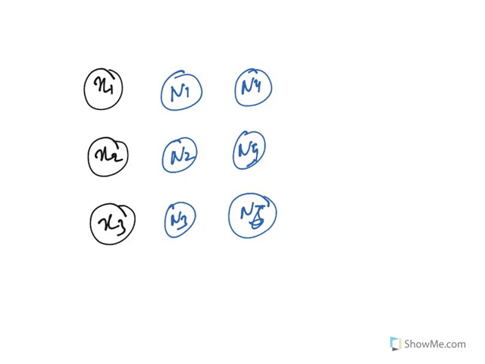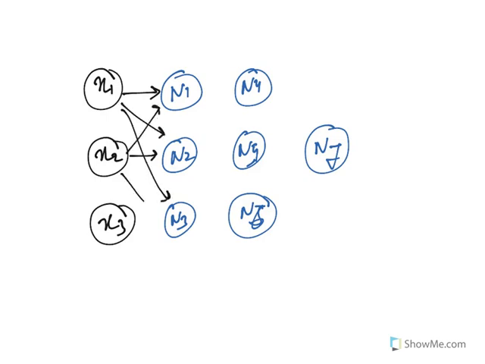And then you have an output neuron, let's call it N7. If it was a fully connected layer, it would be like this. Let's make it fully connected, just for the sake of the example.